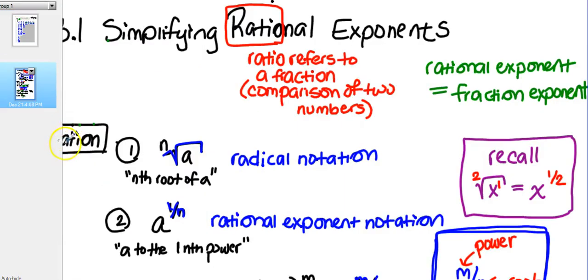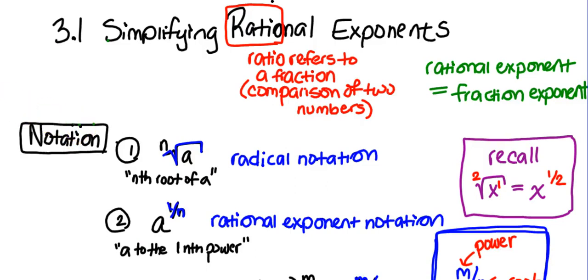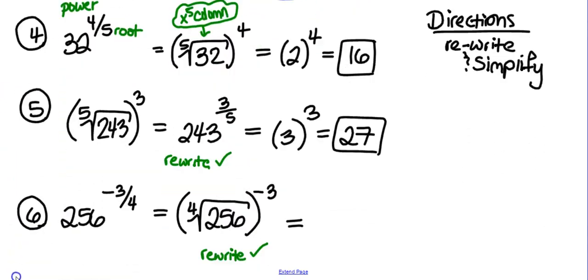Let's go use that information. So this inside piece I can now write as 4 because the fourth root of 256 is 4. And then this is still to the -3rd power. So now let's work on 4 to the -3.